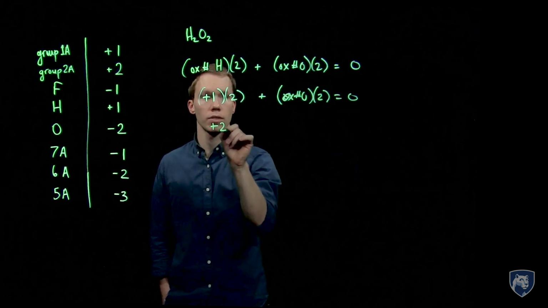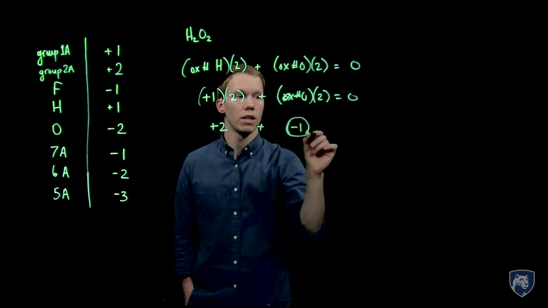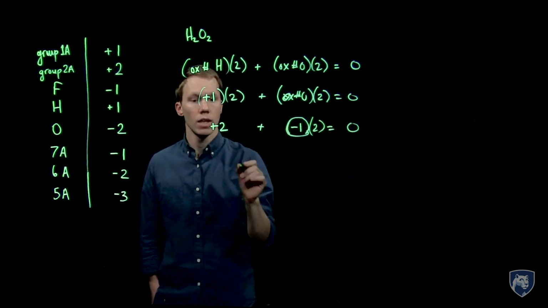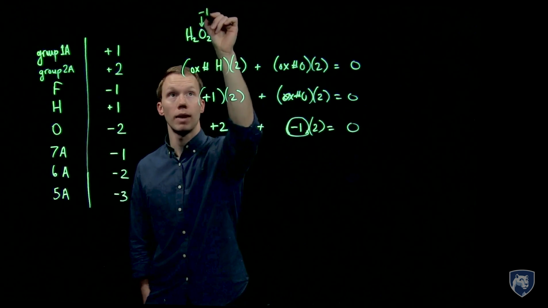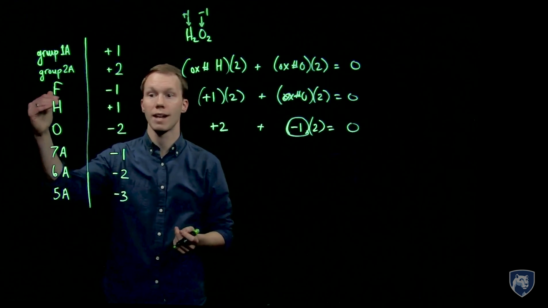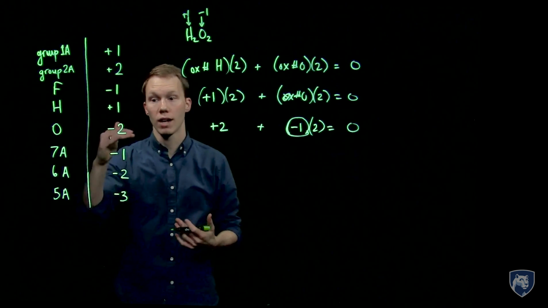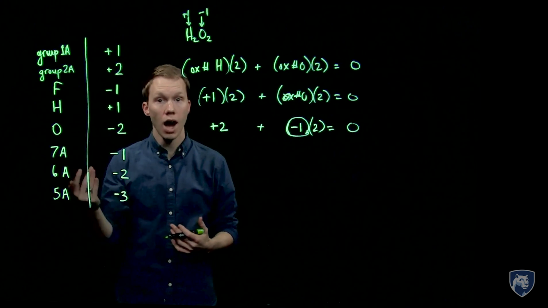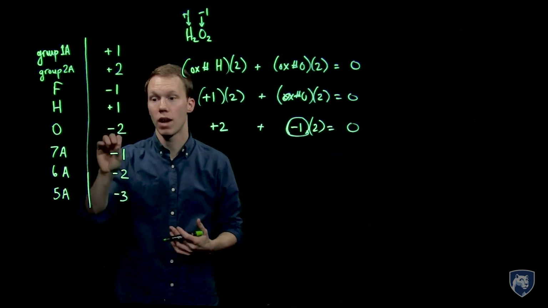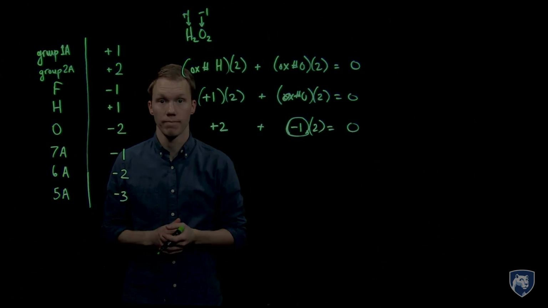So +2 plus, then it would have to be -1 to equal 0. Okay, so oxygen would be -1, hydrogen would be +1. So here's an example of where we follow the list in order. We assign hydrogen first, and then oxygen violates what is commonly found for oxygen. And these are just a list of common ones. And empirically, this is what we see most often, -2 oxidation state, but there are, of course, exceptions to that.